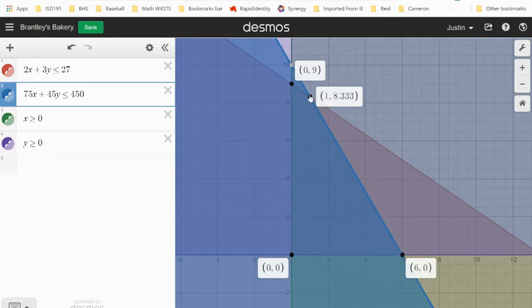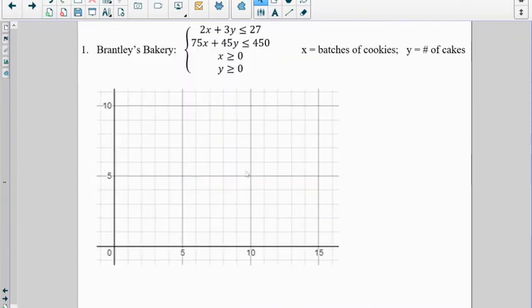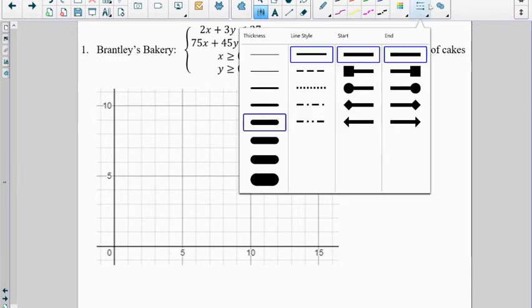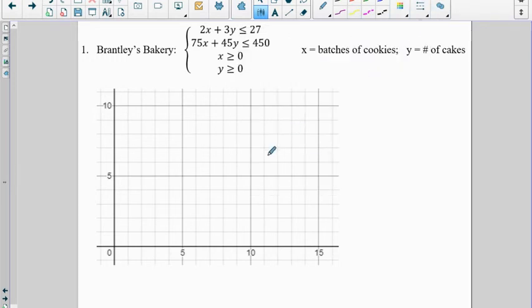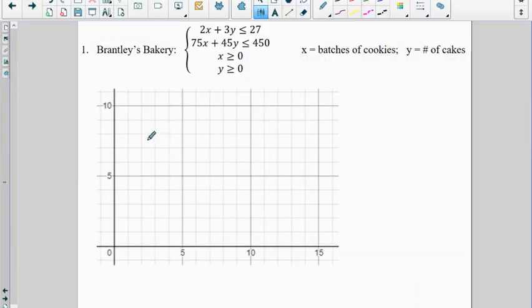All right, so I'm going to go back to our lesson, and we are going to sketch by plotting our points first. When you're in Cami, change the size of your dot to maybe like a number 6 or a number 8. And then I want to put a dot at 0, 9, 0, 0, 6, 0.